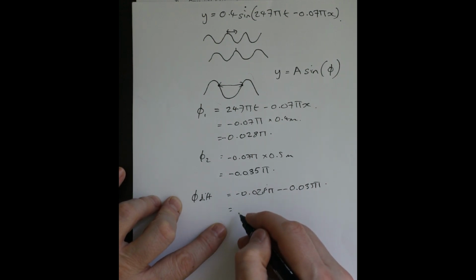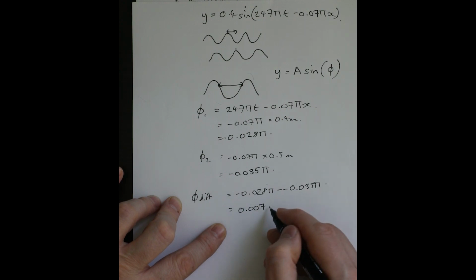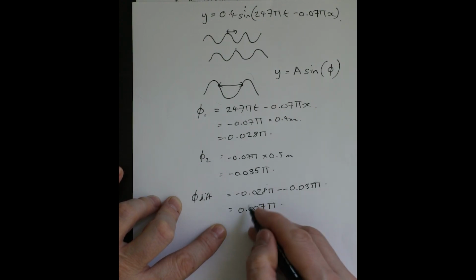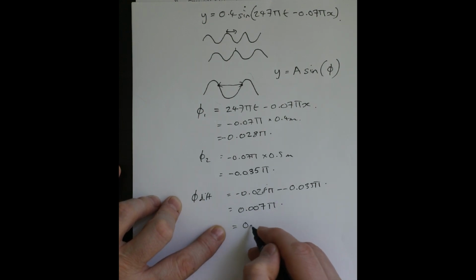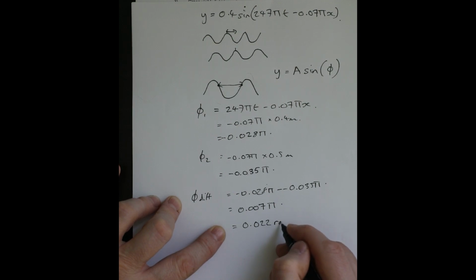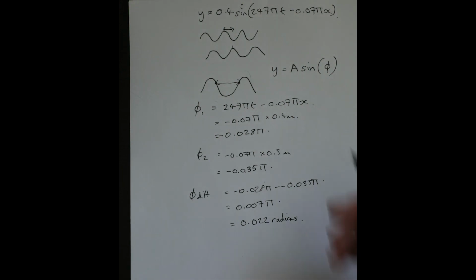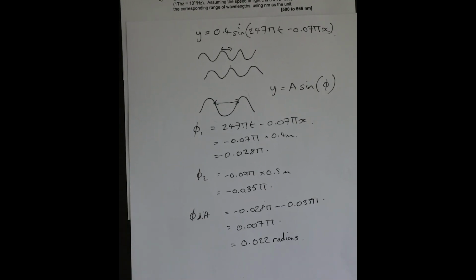Then I'm going to get an answer of 0.007 pi. If we multiply by 3.14, then we get an answer of 0.022 radians. So that's the difference between the two phases to answer that question. Okay, so then we'll move on to the next question.